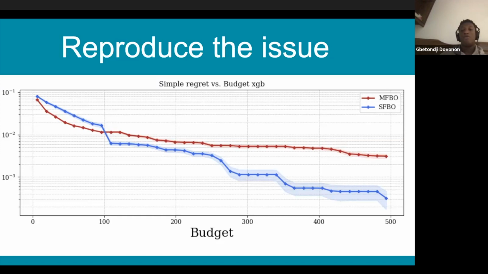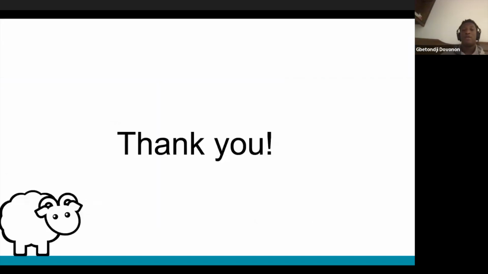So we want to evaluate with more functions, with different settings, and also with different algorithms, because so far all our plots are limited to the maximum entropy search. The next experiments that we are going to run will involve knowledge gradient and its multi-fidelity variant, and potentially one or two more algorithms. And that's it.